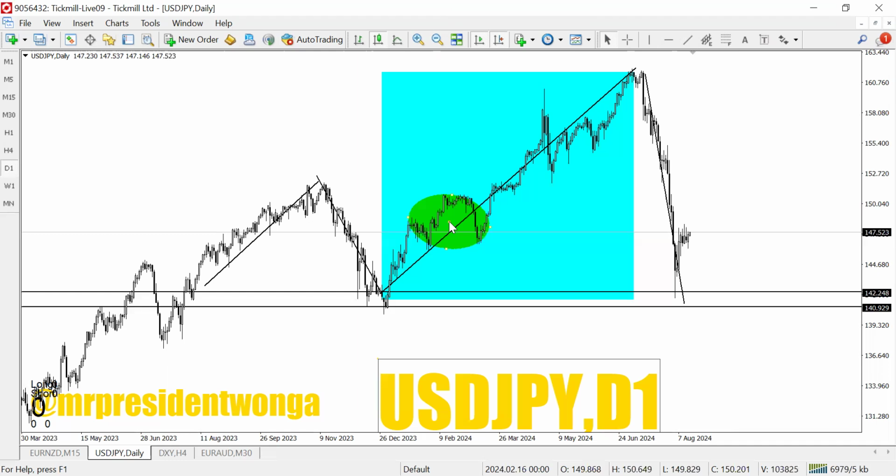Okay, so what I said earlier is that I haven't fully grasped the concept of the formations at different zones, where there could be potential entry points from where a rally-based drop or a drop-based rally would occur. So you get the Quasimodo and the different other formations.